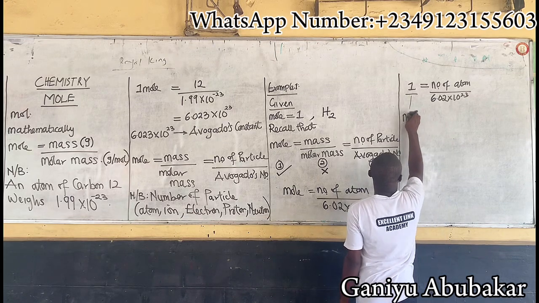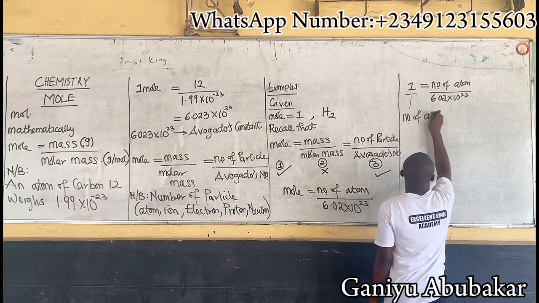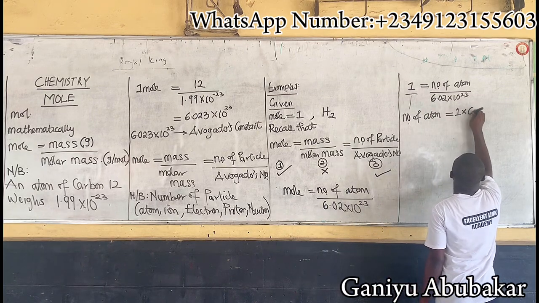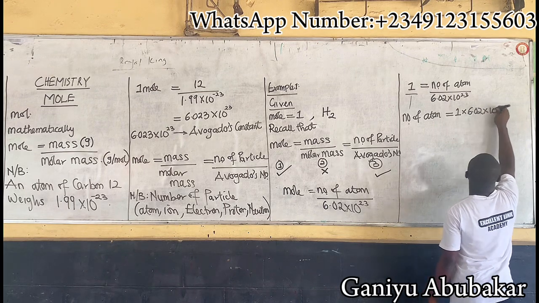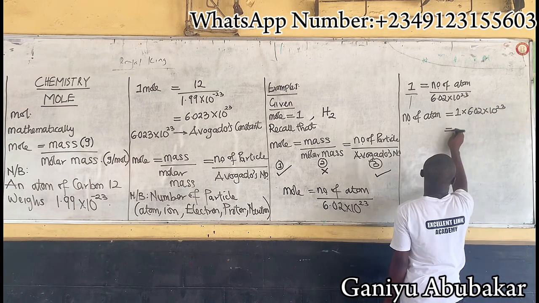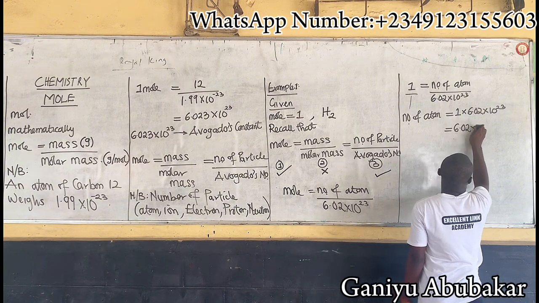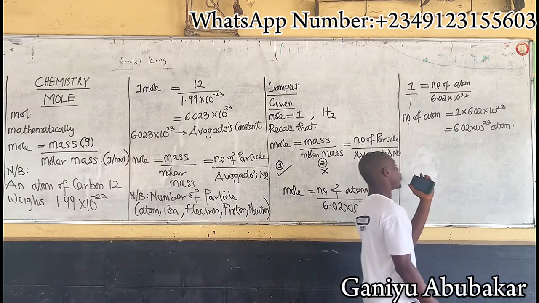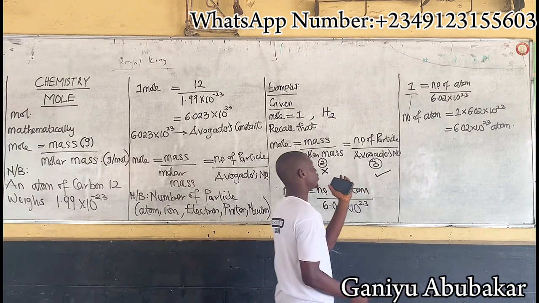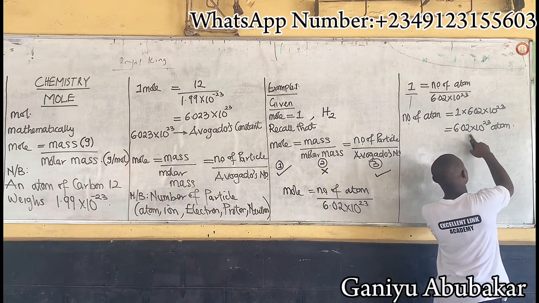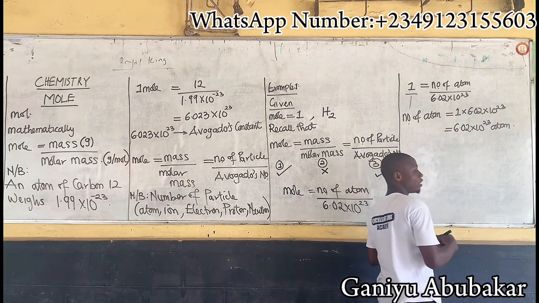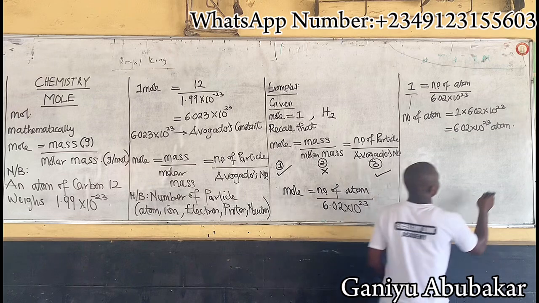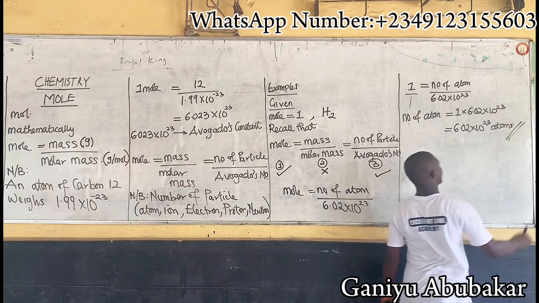Number of atoms will be equal to 1 times 6.02 times 10 to the power 23, which gives 6.02 times 10 to the power 23 atoms. It says how many atoms are contained in 1 mole of hydrogen molecule. That's 6.02 times 10 to the power 23 atoms. So that's how you solve this particular problem.